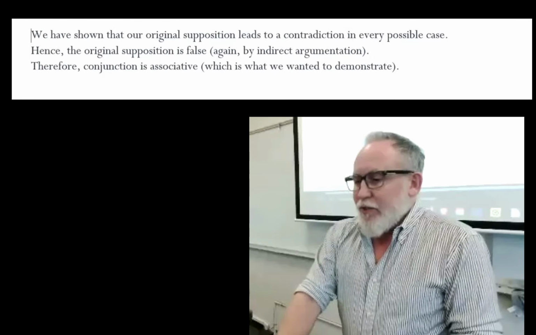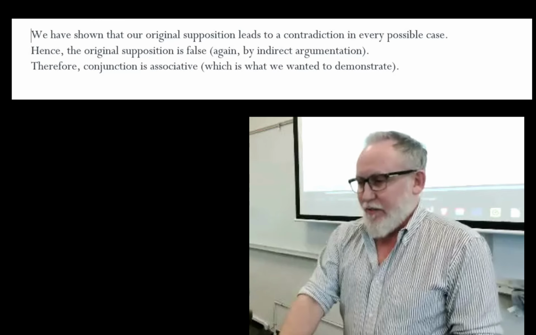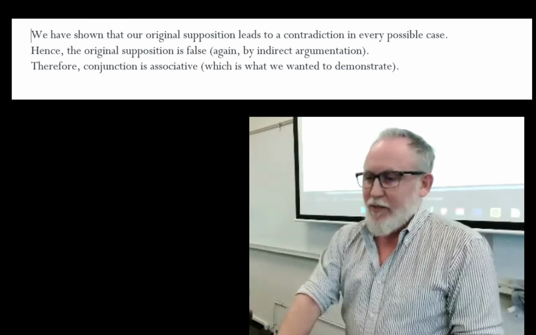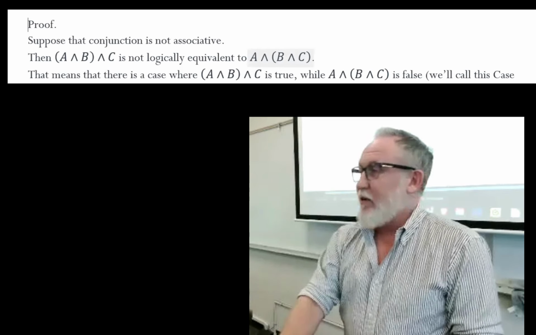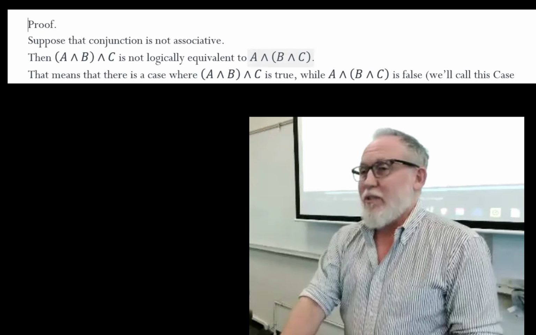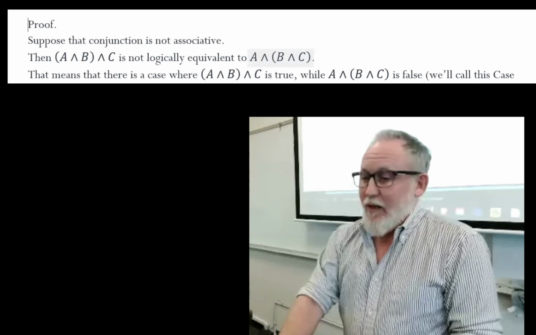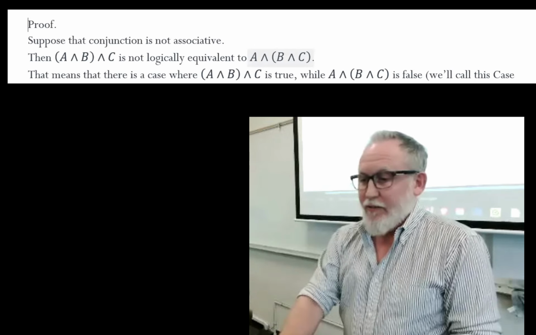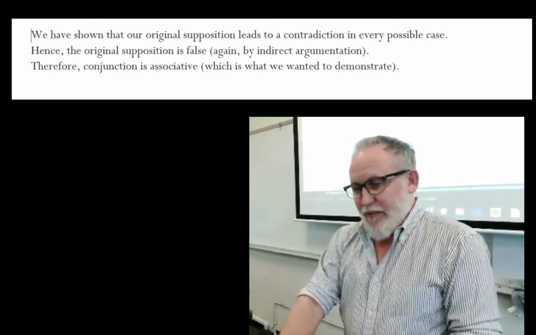So we've shown that our original supposition leads to a contradiction in every possible case, case 1 and case 2. Our original supposition is all the way back up here: that conjunction is not associative. We've shown that that's not a possibility, because it leads to a contradiction in every possible case. Hence, the original supposition is false, again by indirect argumentation.